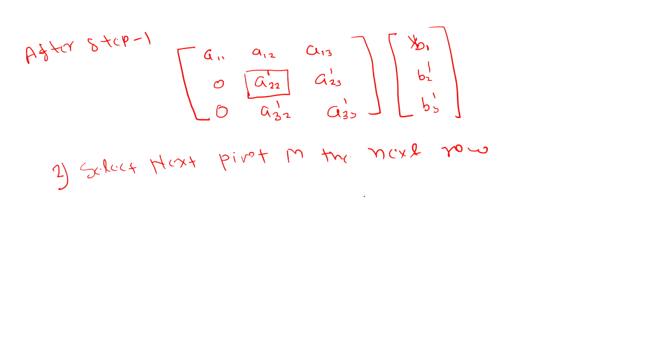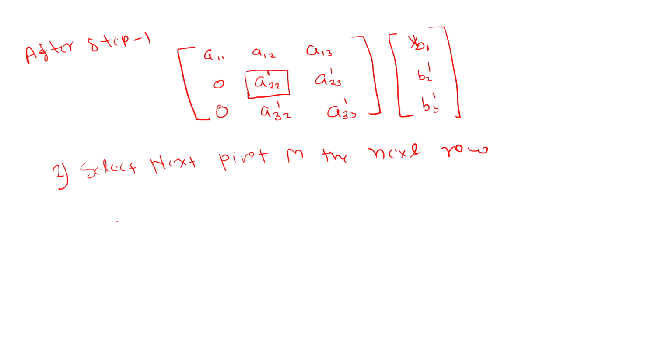But remember, if this pivot becomes 0, then we will swap the rows or swap the columns. If we swap the rows, then it becomes partial pivoting. If we swap the columns, it becomes complete pivoting. That we will understand with an example, as I have told you already.